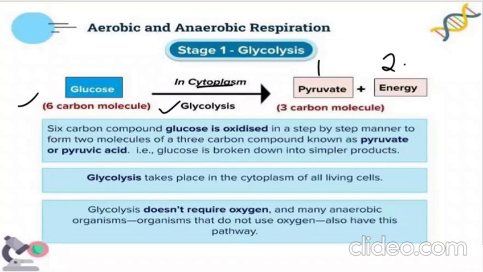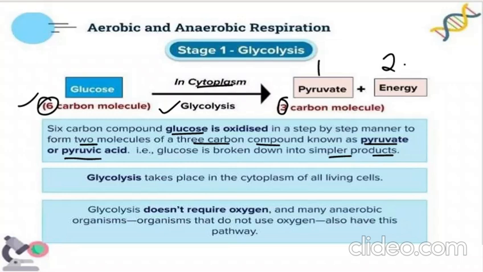The 6 carbon compound glucose is oxidized step by step to form two molecules of a 3 carbon compound known as pyruvate, or pyruvic acid. That is nothing but glucose being broken down into simpler products.